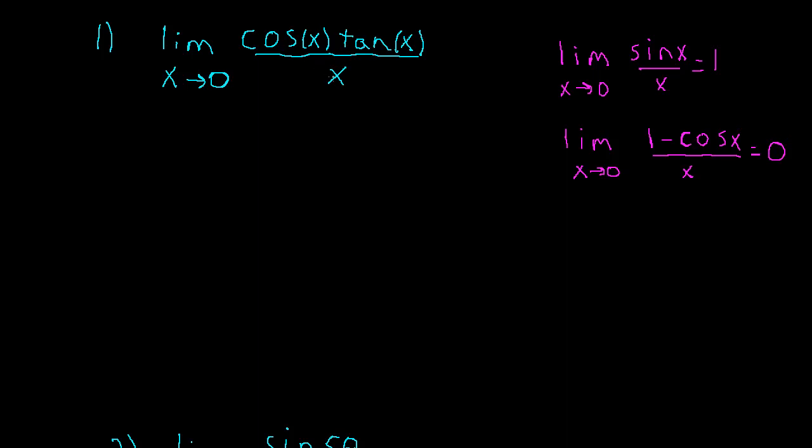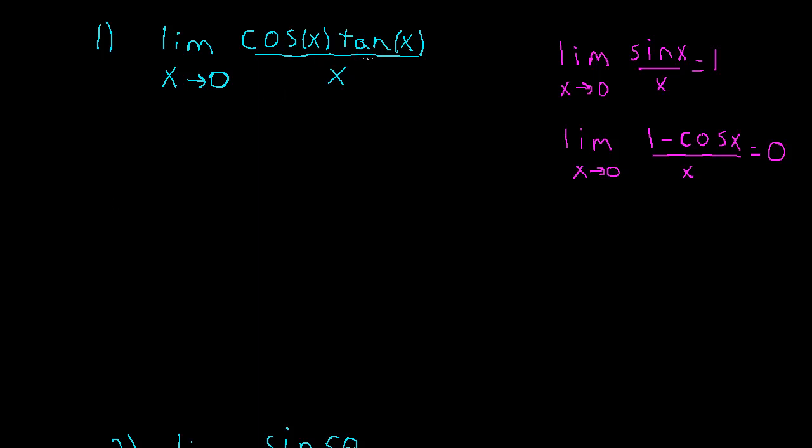Anytime we get an indeterminate form like this, we have to manipulate the function, change its clothes, if you will, so that it is effectively the same function, but looks slightly different so that we can use direct substitution, or in this case, use one of these limits over here.